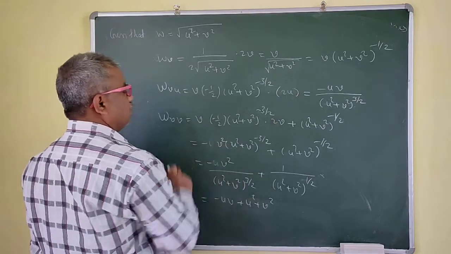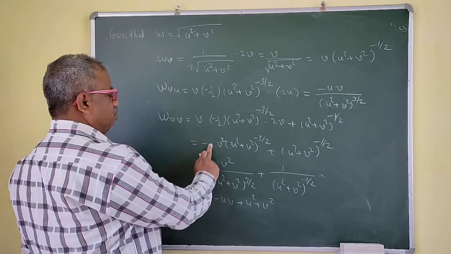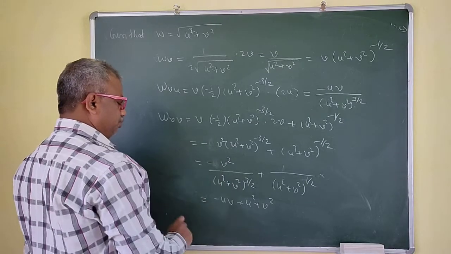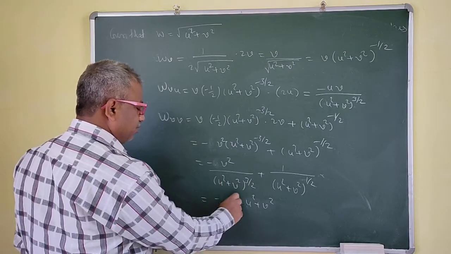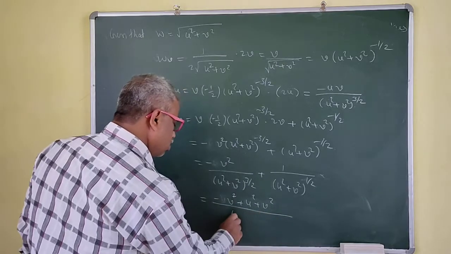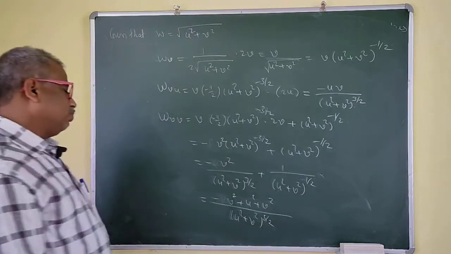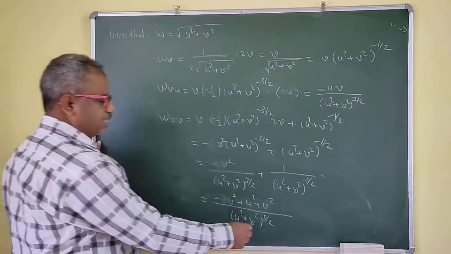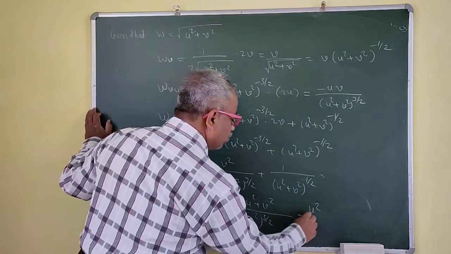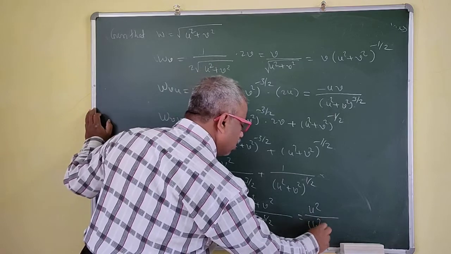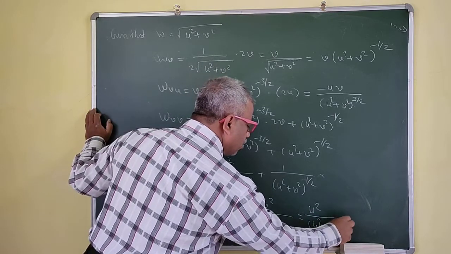This is twice v, this 2 gets cancelled. This is v square upon (u square plus v square) to the power 3 by 2. So your v square gets cancelled, and we get u square upon (u square plus v square) to the power 3 by 2.